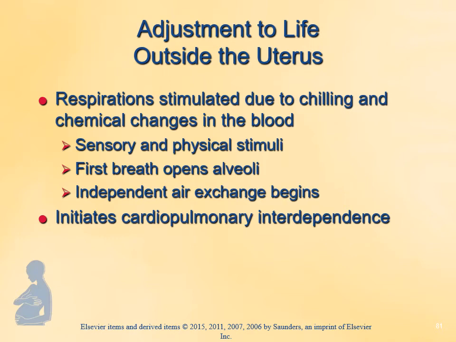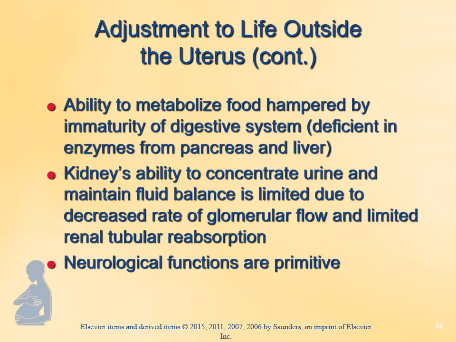That first breath that baby takes will help open its alveoli and keep the alveoli open so that air can be exchanged. And it initiates cardiopulmonary interdependence. So that baby's heart has to pump the oxygenated blood that it's able to get from the lungs to sustain its life. Also, that baby's going to have to start metabolizing its food.